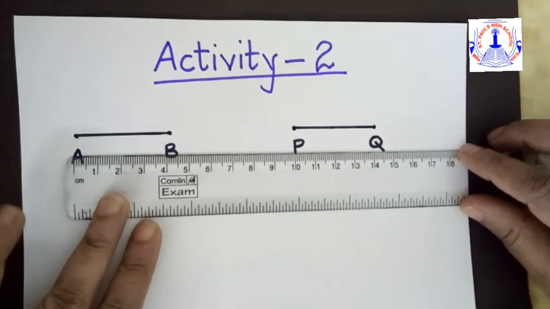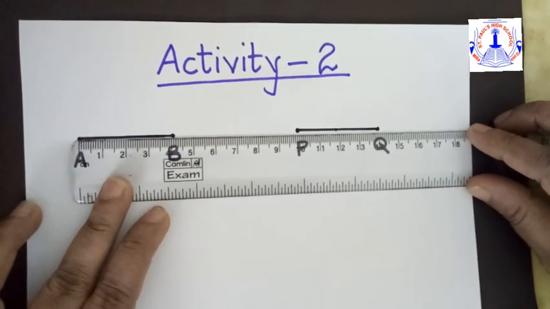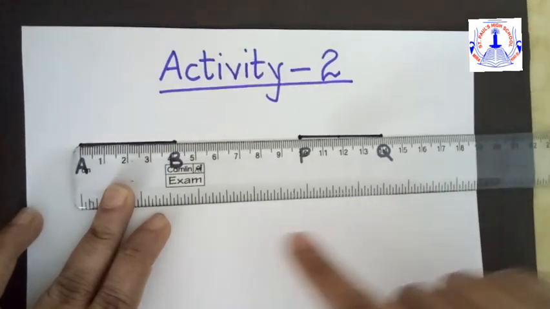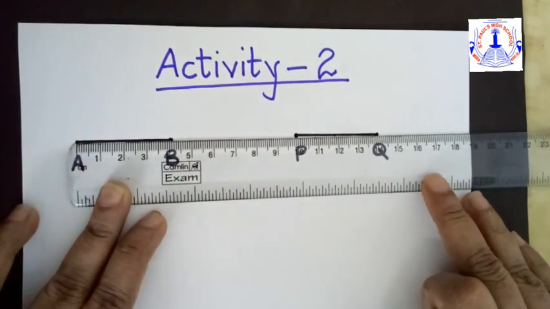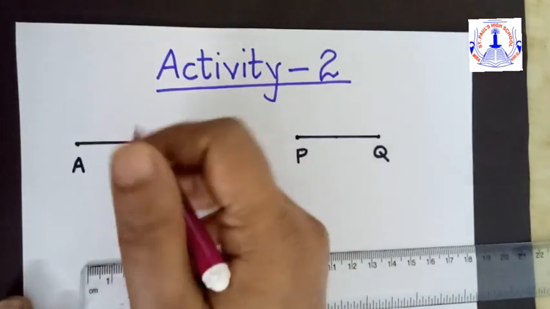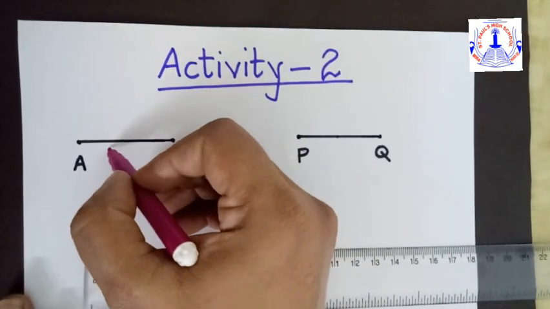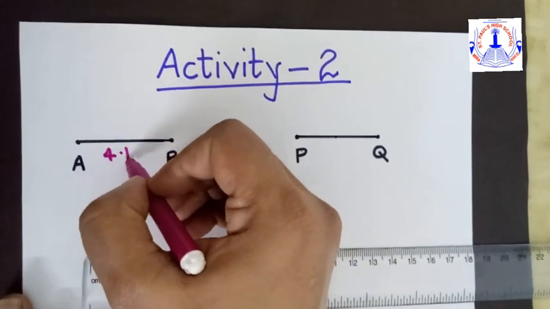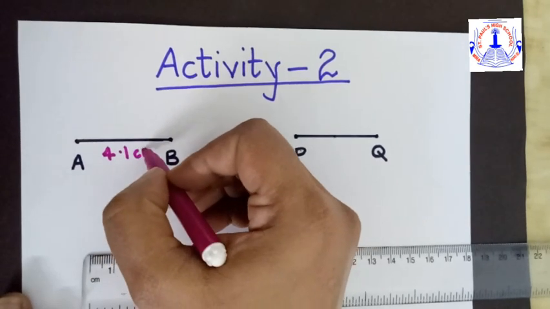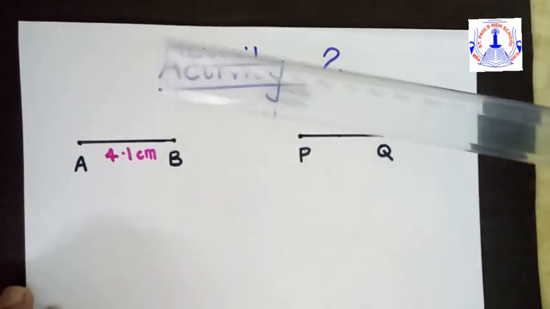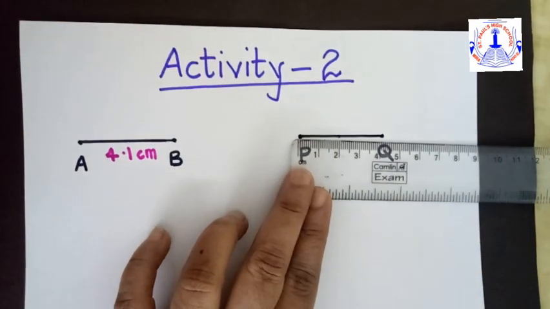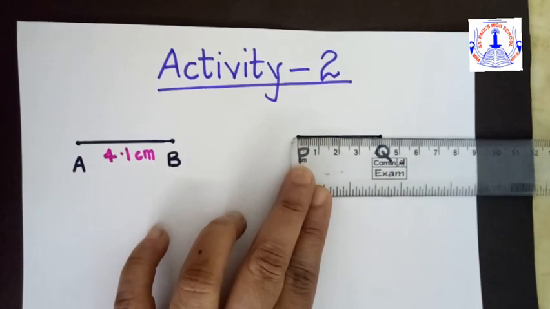When we measure it, you will find that segment AB is 4.1 centimeter. So we will write over here 4.1 centimeter. Now with the help of the scale, we will measure segment PQ.